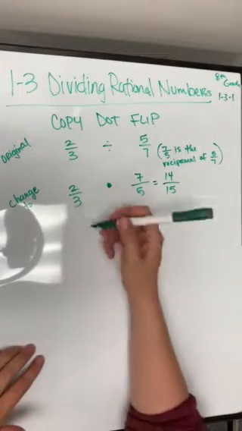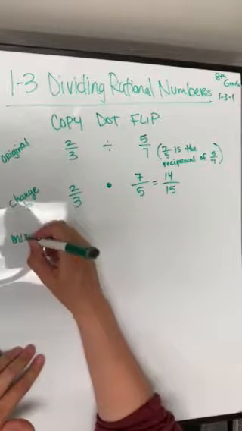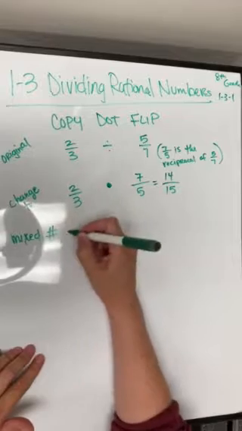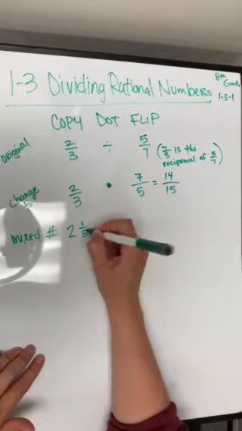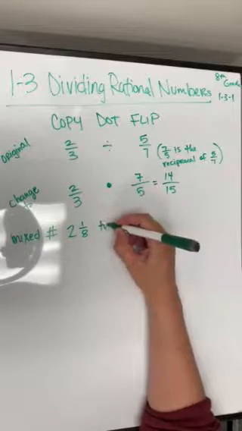If you have a mixed number, so let's say we have something like 2 and 1/8, what you want to do is turn that into an improper fraction.